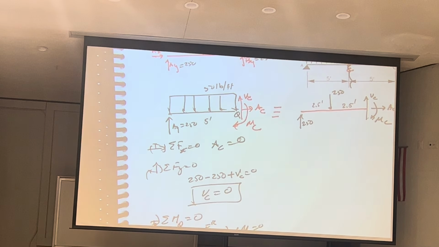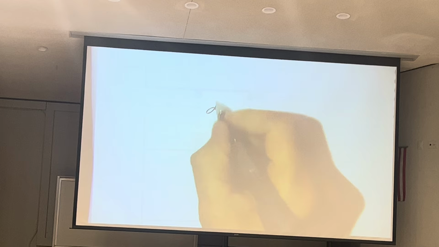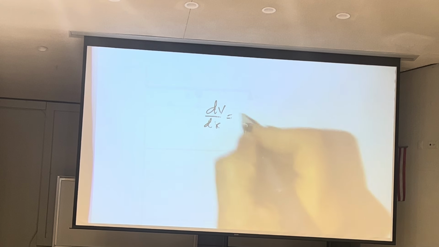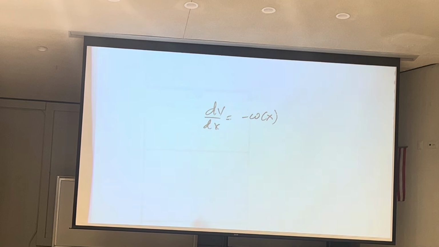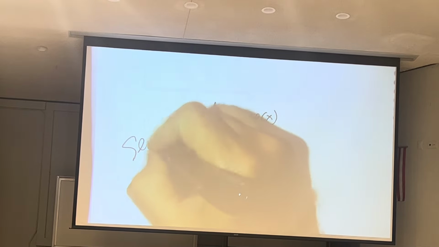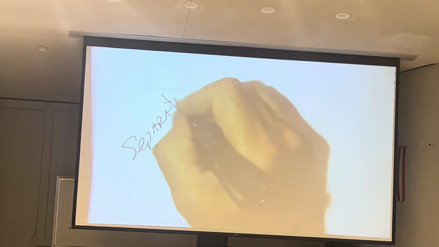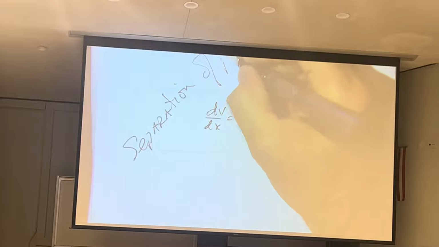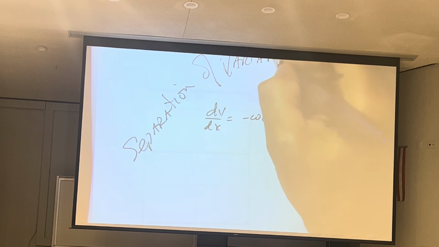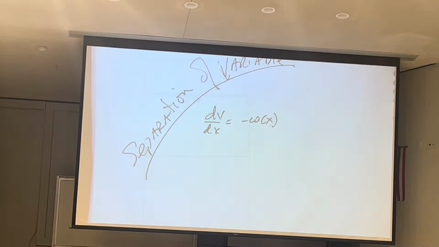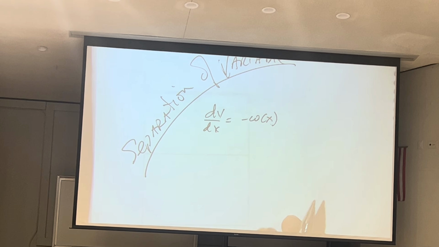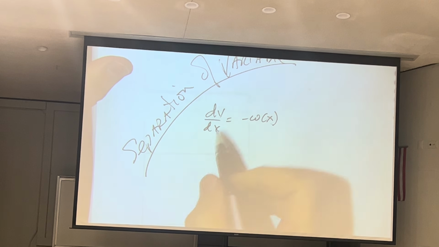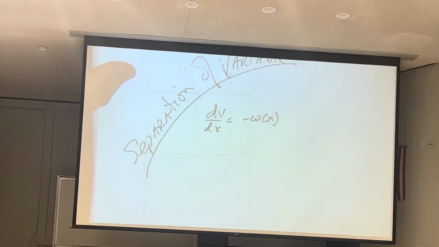Here's what's useful. You take that dV/dx equal to minus w of x, and you do a separation of variables. How many have heard that phrase, separation of variables? One or two people. The rest of you weren't paying attention in calc. Separation of variables says put like variables together.